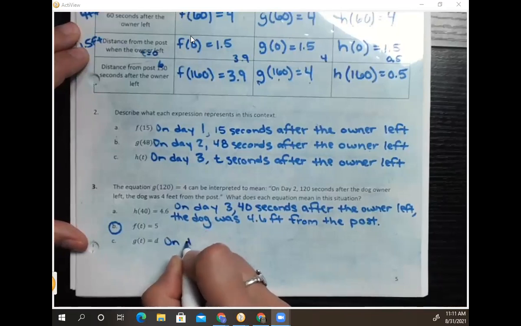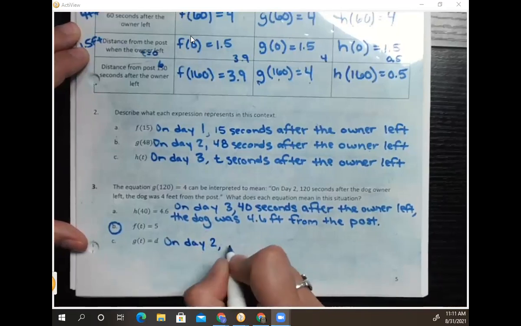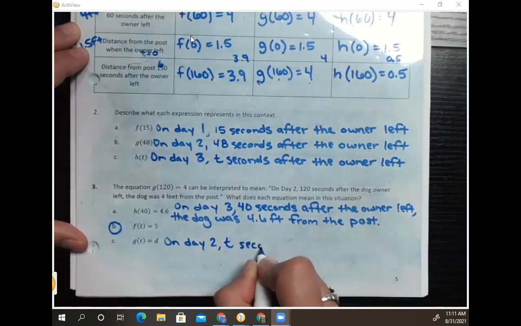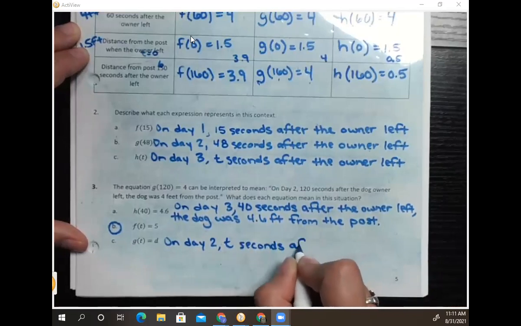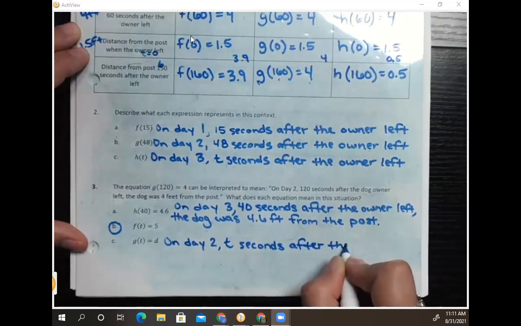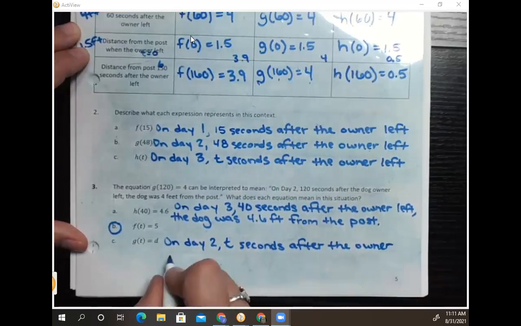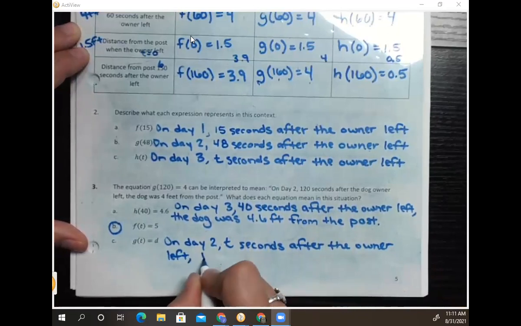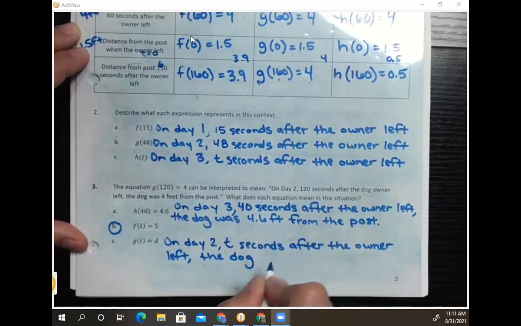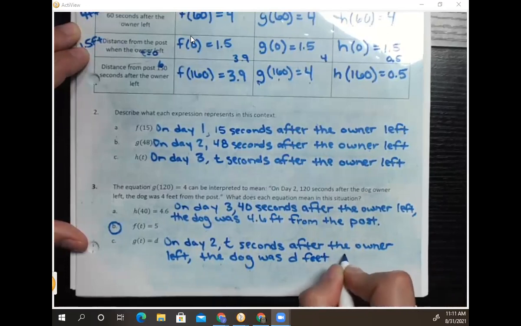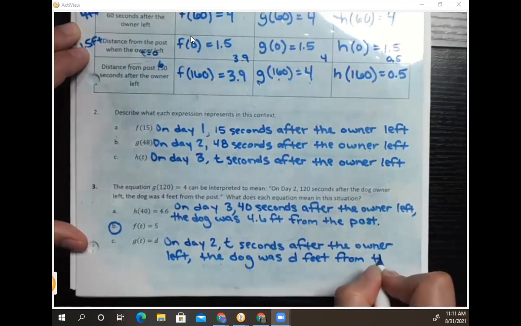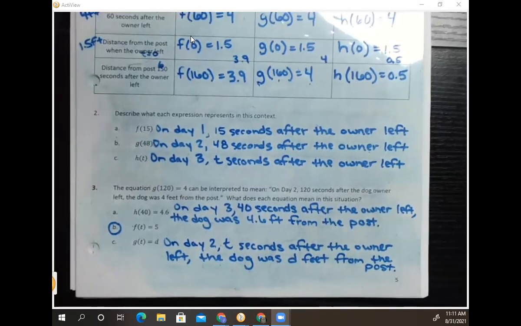So on day 2, t seconds after the owner left, the dog was D feet from the post. They didn't give me any specifics there, so I left it with the t and the D that they gave me.